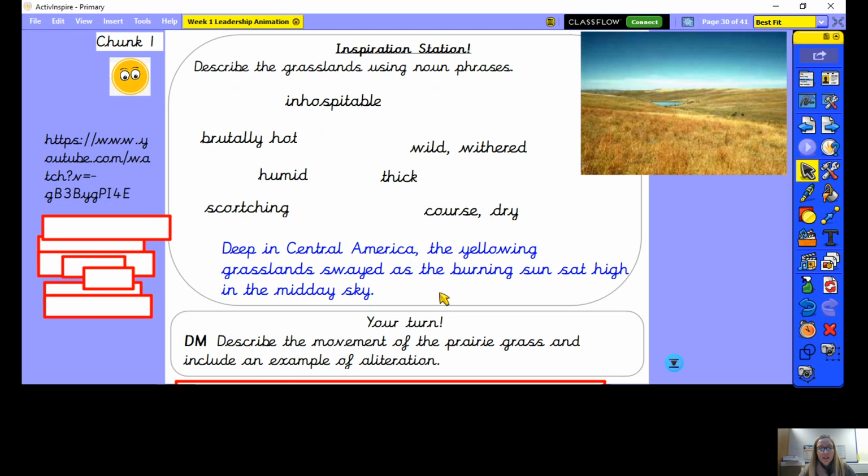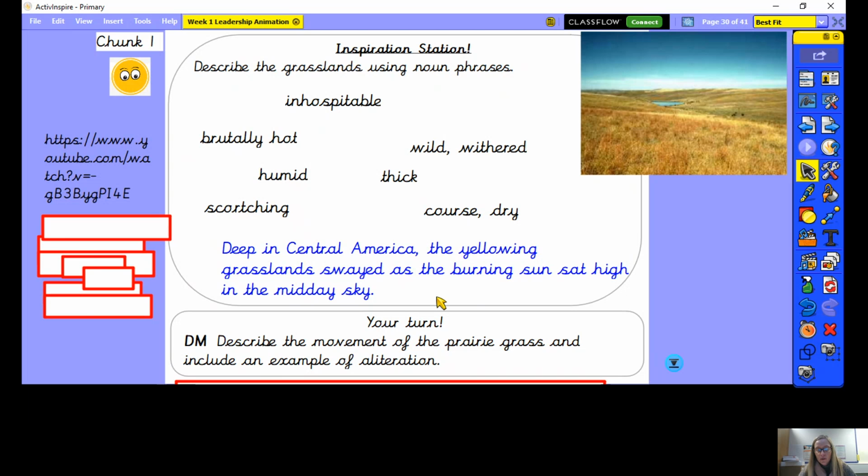If you want to have a go at deepening the moment, think about describing the movement of the prairie grass and include an example of alliteration. Use my sentence to help you, give you some ideas, but try and change it as much as you can. So think about using your own noun phrase.